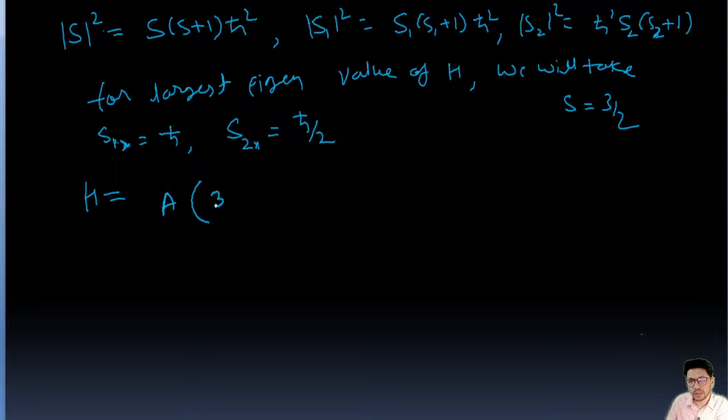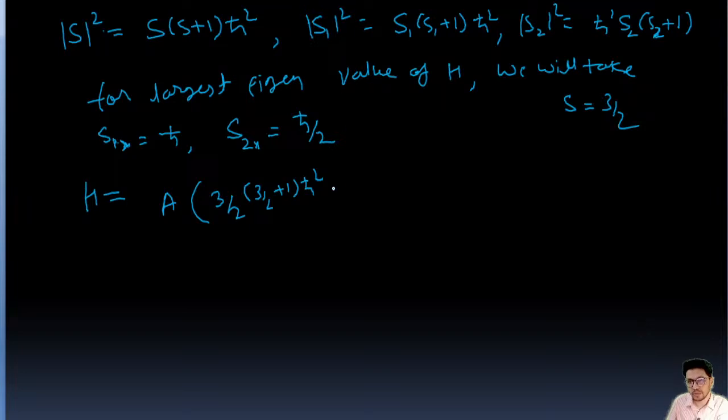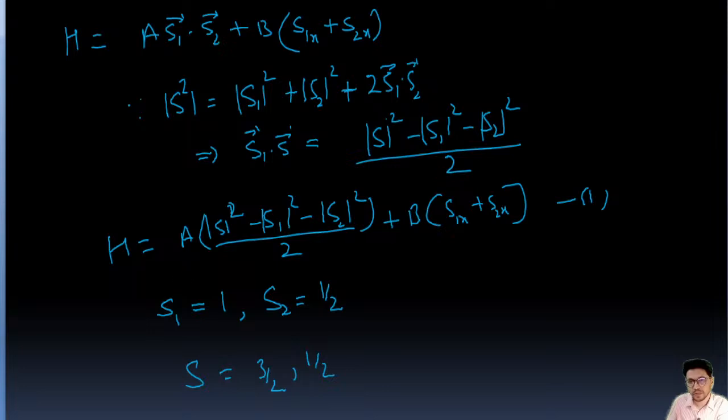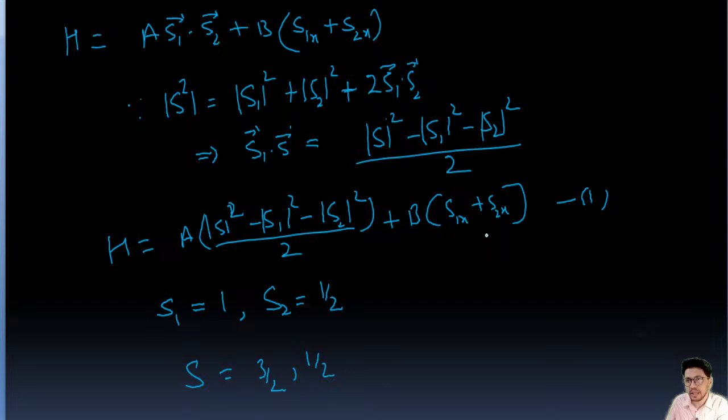So the S value is 3 by 2 plus 1, h cut square, right? This is the S square here, minus mod S1 square. This is the value for S1, spin is 1, so 1 into 1 plus 1, h cut square, minus mod S2 square. This is the value of S2, half into half plus 1, h cut square, and then plus b, S1x and S2x.